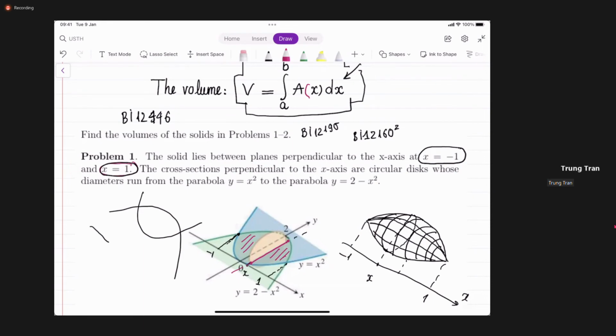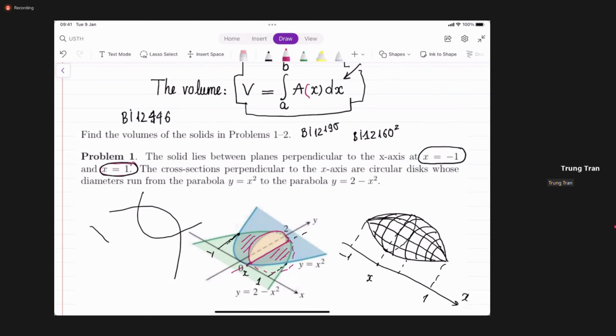It is a circular disc whose diameter is exactly the cross section here. When x goes from -1 to 1, we obtain a solid in space that you can see on the right-hand side.